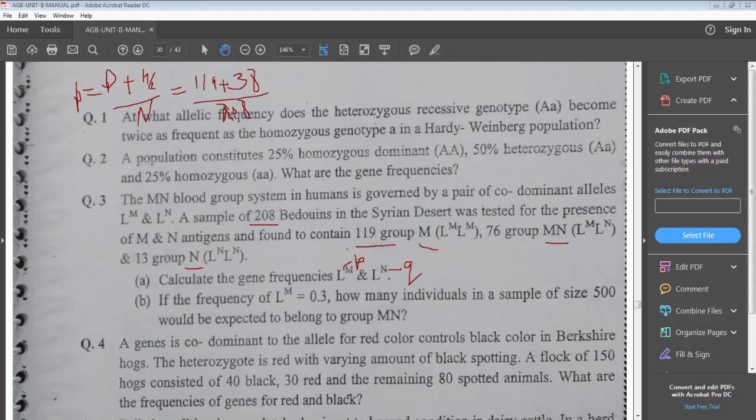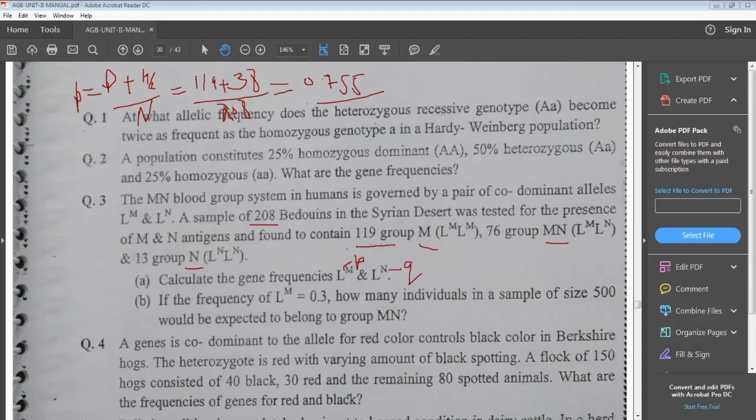Okay, if we calculate it, it is approximately equal to 0.755. Okay, this is the value of P.